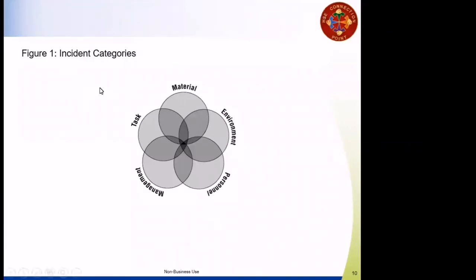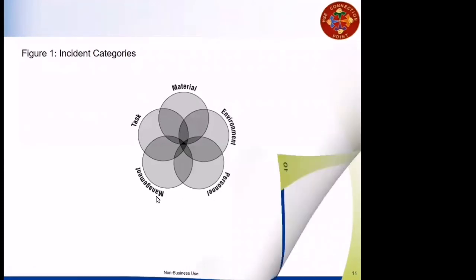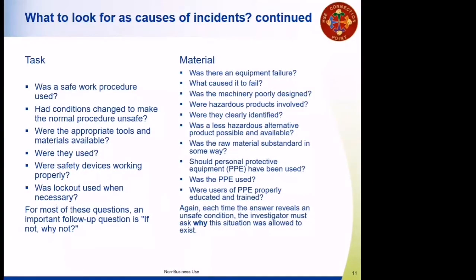Okay, you are at the scene of the incident. These are the things that you have to look for: material, environment, personnel, management, and task. Under task, was the safe work procedure used? Had conditions changed to make the normal procedure safe?